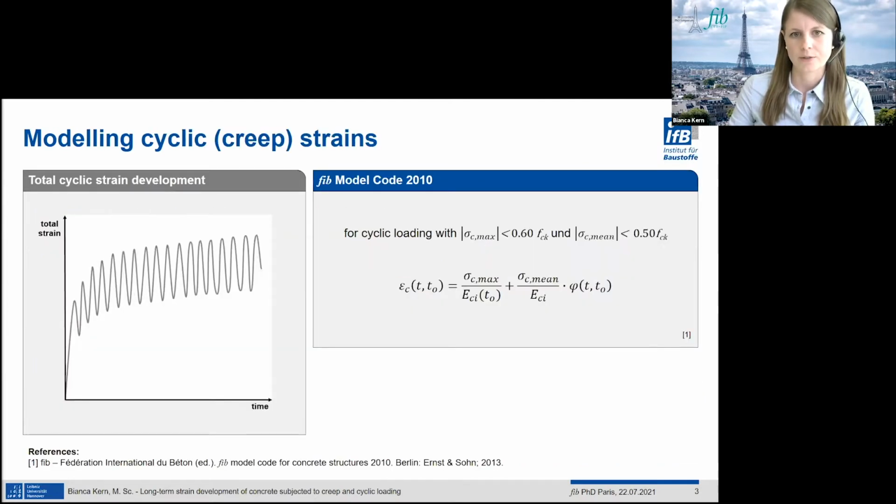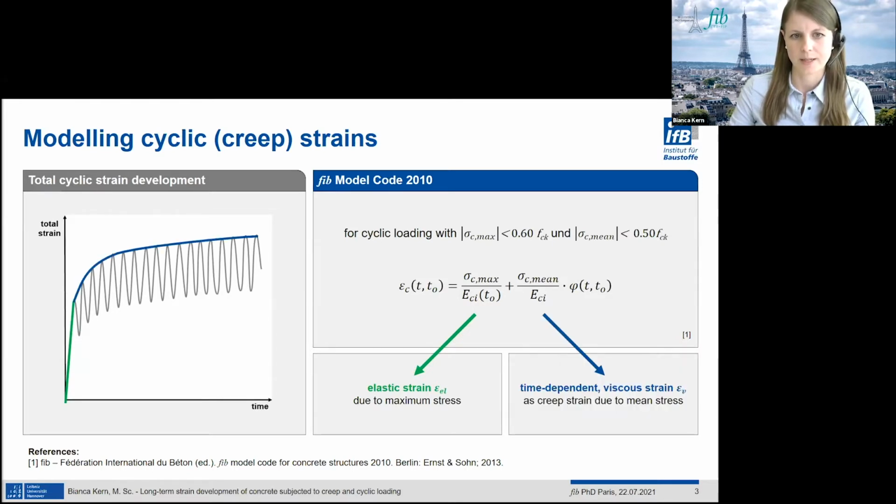For modeling the strains due to cyclic loading, there are different models given by literature. Hereinafter, I'd like to focus on the model given by fib Model Code 2010. For maximum stresses below 60% of the characteristic compressive strength and mean stresses below 50% of it, the fib Model Code 2010 describes the total strain due to cyclic loading as elastic strain due to maximum stress, and in addition, the time-dependent viscous strain due to mean stress, whereby this part of the equation corresponds to the creep equation for constant stresses.